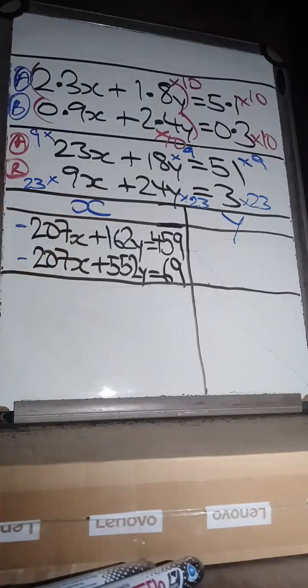We're going to subtract this from that, because if both of them were minuses, we would still subtract both of them. If both of them are positive, you subtract. If both of them are negative, you subtract. So they have the same sign in front of them. So we're subtracting this from that.